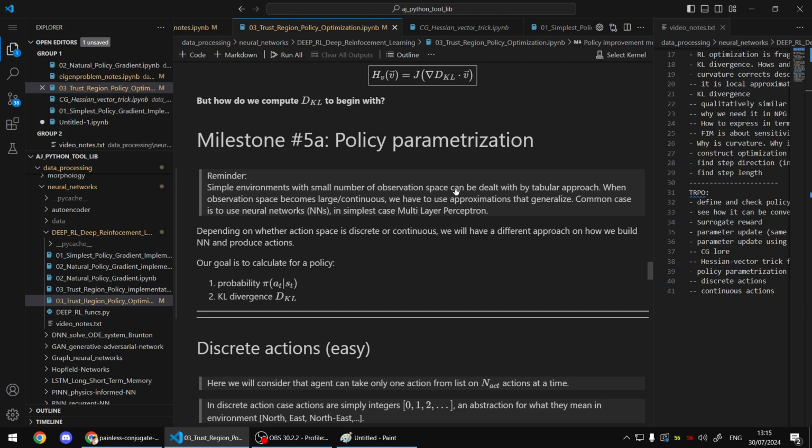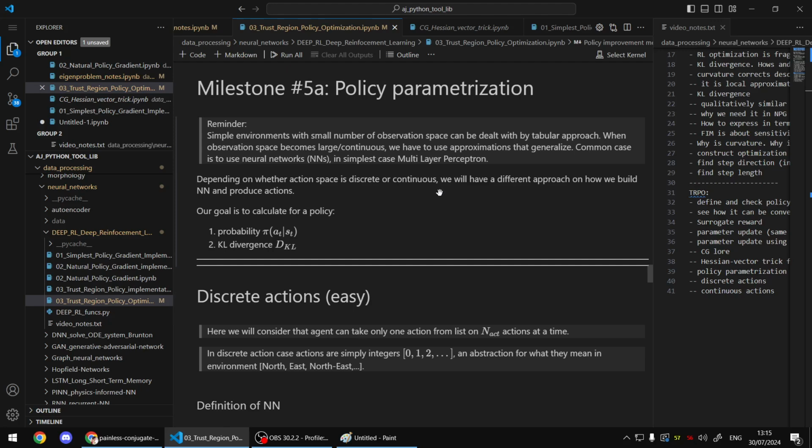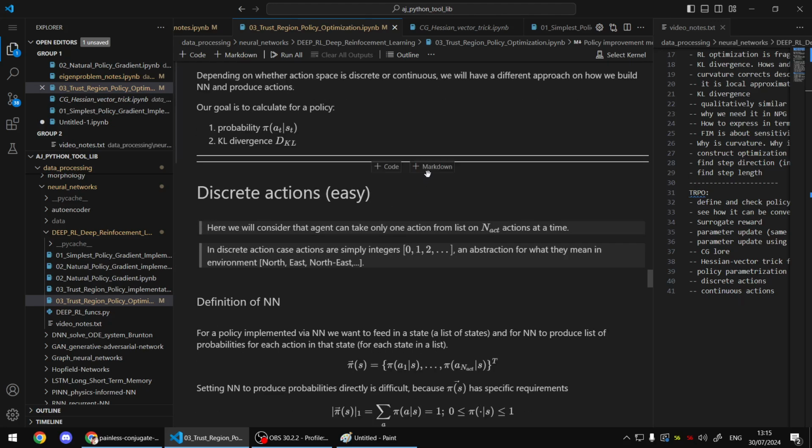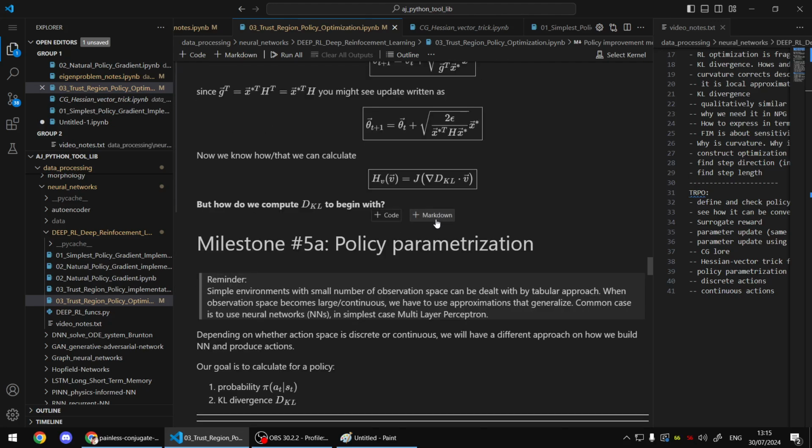We just calculated the gradients of logs and the outer product and such. Also, we did the discrete actions case, and in this case I want to cover the continuous actions. So in fact we have to understand how to calculate the KL divergence for both continuous and discrete actions.